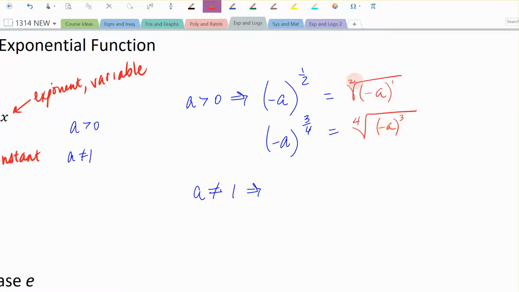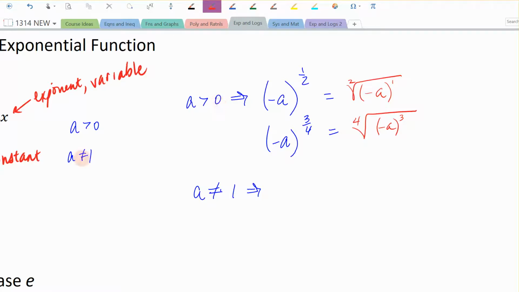It follows the same thing as a 2nd root of a negative number. We cannot take an even root of a negative number and come out with a real value. So this doesn't work either for real numbers. That's why we're restricting our base a to all numbers that are greater than 0, in other words, no negative values.